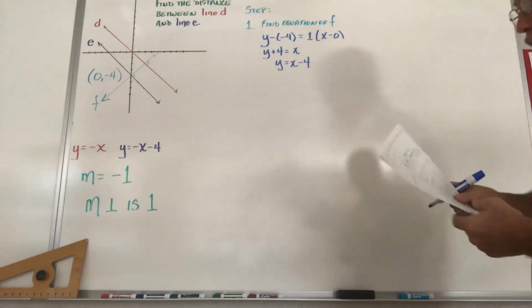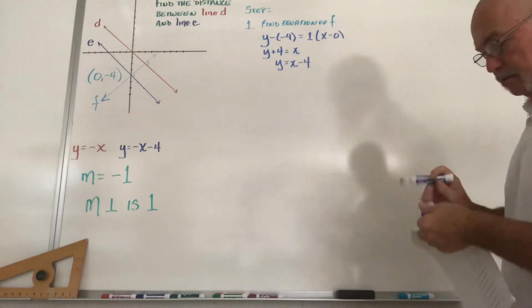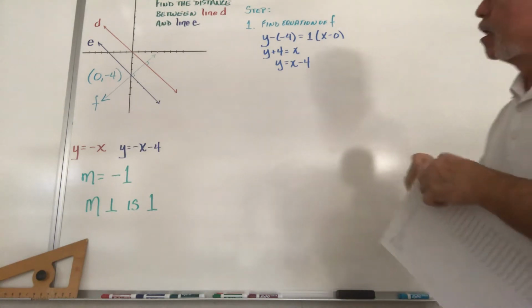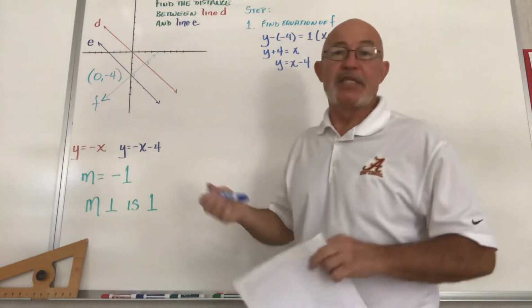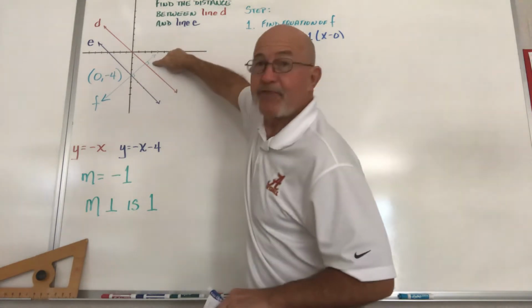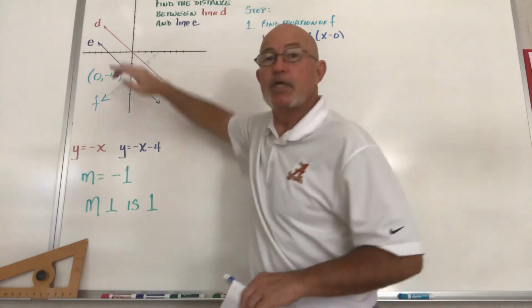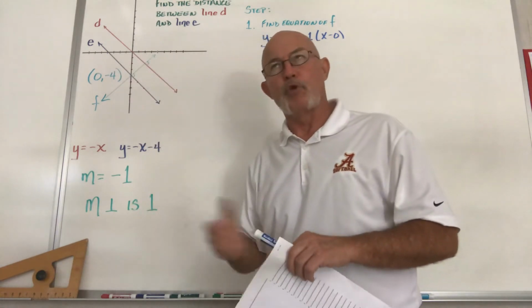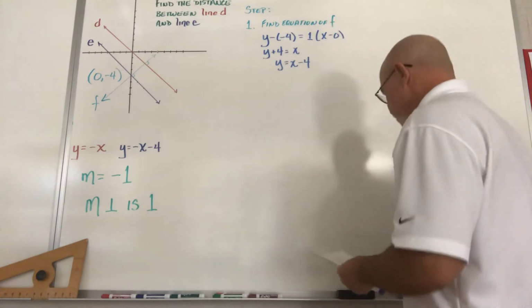Now, I want to find the intersection of line F and line D. Okay, I already know this point right here. If I can find this intersection, I will have 2 points to find a distance from, or between. Okay, so here we go.